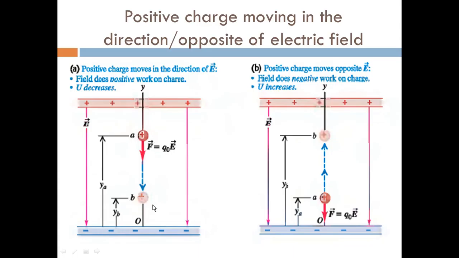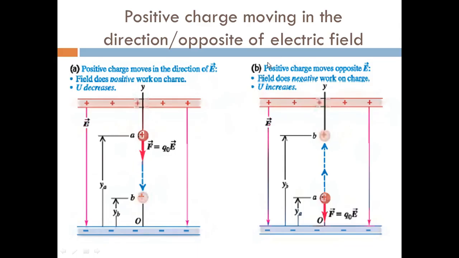Point B is the location of the lower potential energy and lower potential. That means when the object moves from point A to point B, U, or the potential energy, actually decreases, basically because work done on the charge is positive. The force and the displacement are in the same direction.